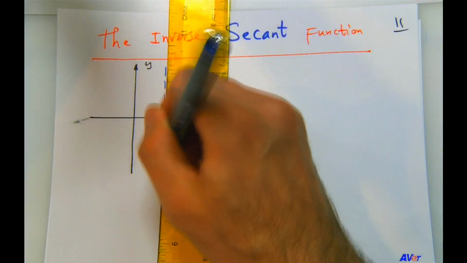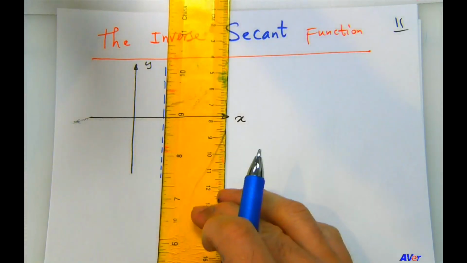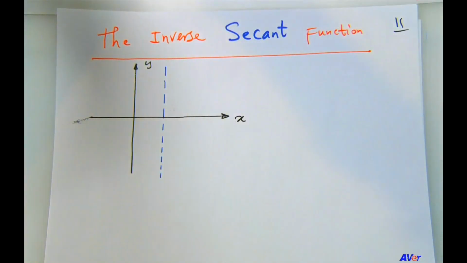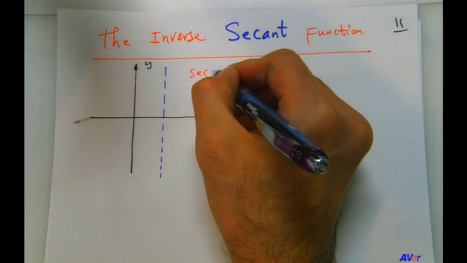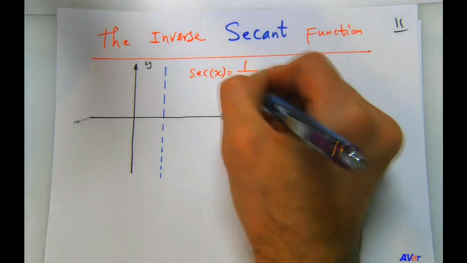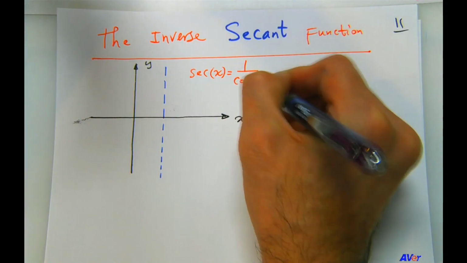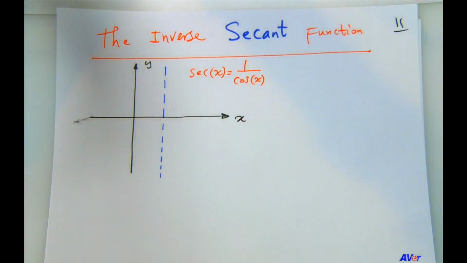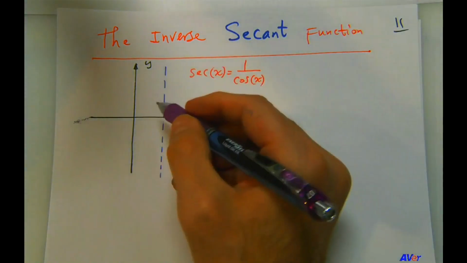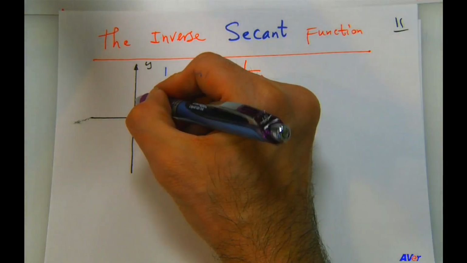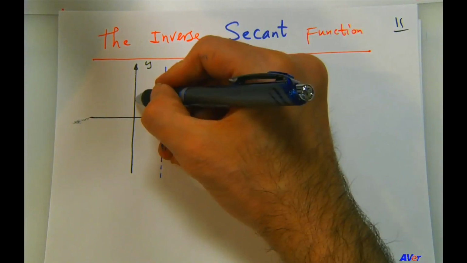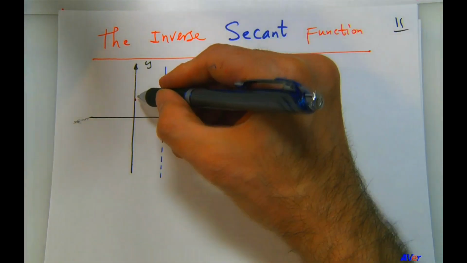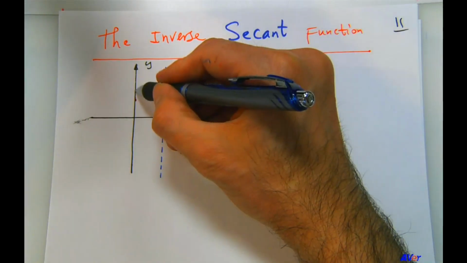Remember, the secant function is the reciprocal of the cosine function, right? And so I'm going to write that here. Secant of x is equal to 1 over cosine of x. So if we have a cosine function that goes like this, let's bring it a little bit higher, like that.